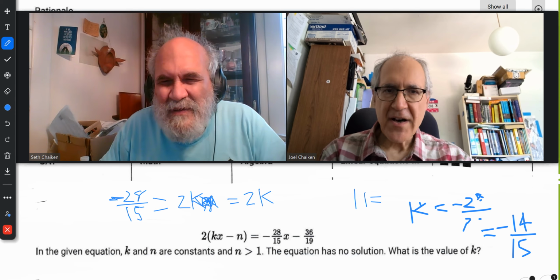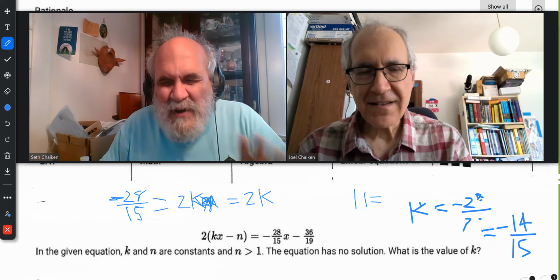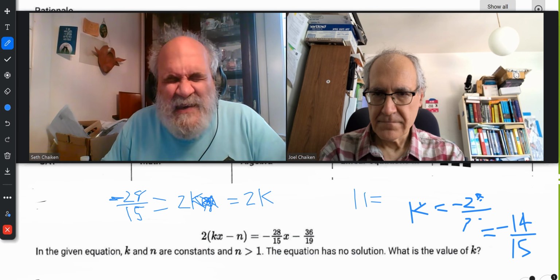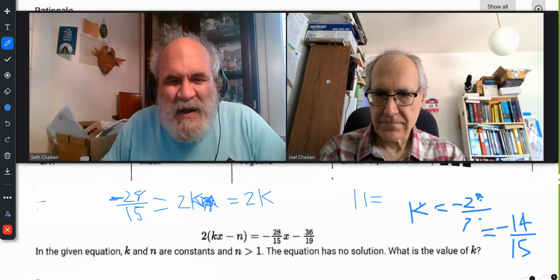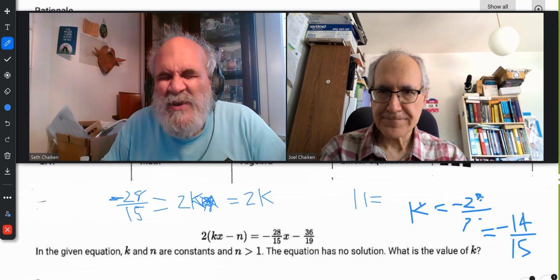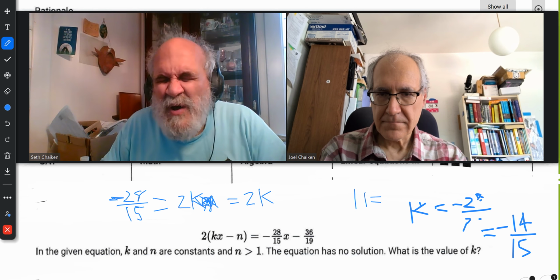However, the key thing in solving this problem is the information that the equation has no solution. The statement that n is greater than 1 is unnecessary.